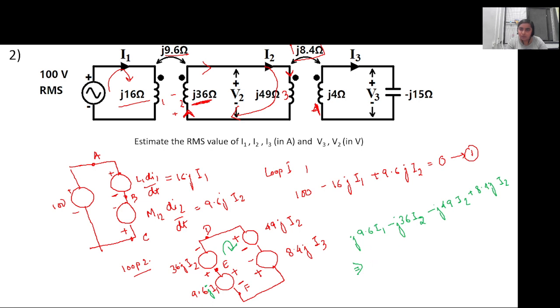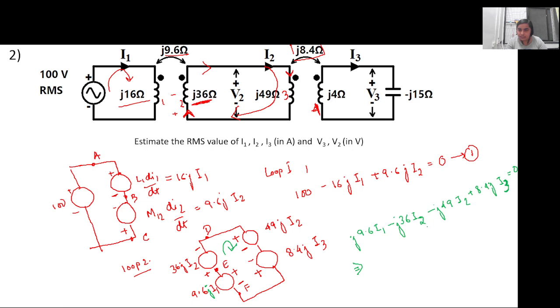This will be equal to 0, right? The j's can all be taken as common and removed. So it is an equation between I1, I2 and I3. Let's at least substitute one of them.